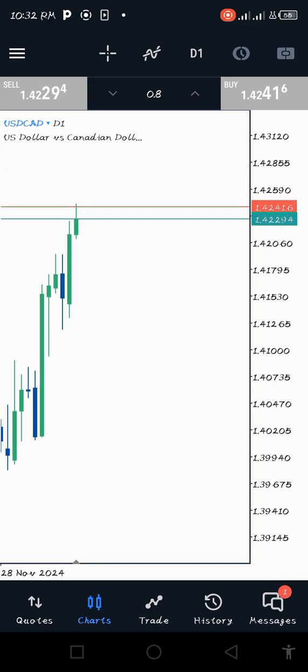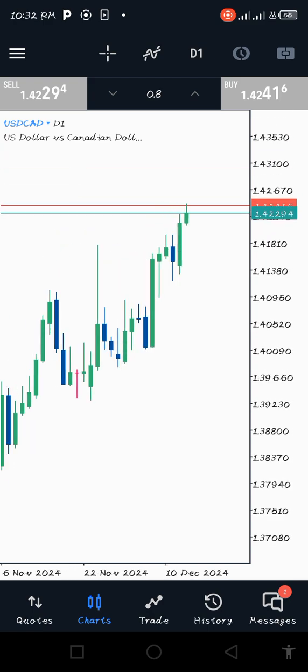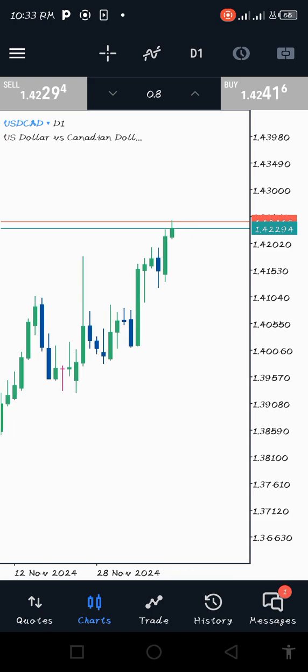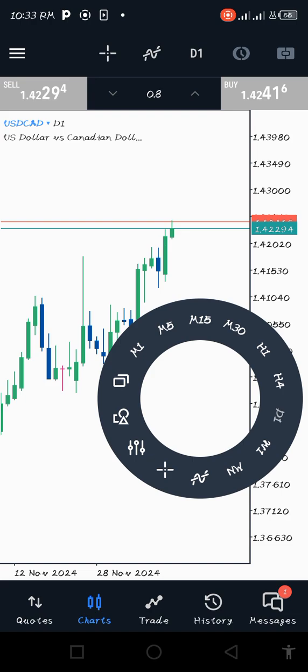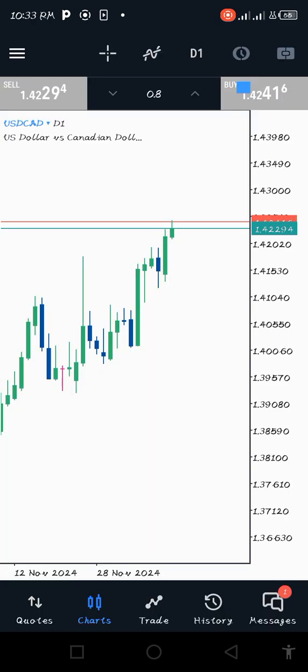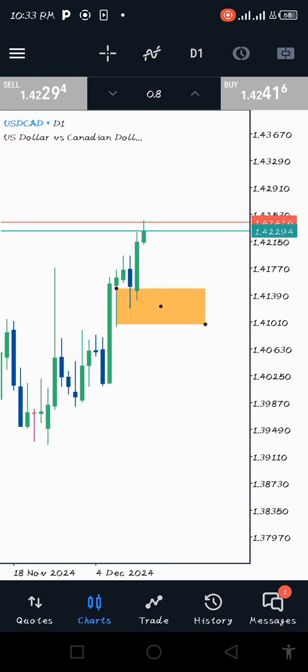So where do you think we can take the next buying opportunities on this pair, USD CAD? This is a zone where we can take buying opportunities on USD CAD up.